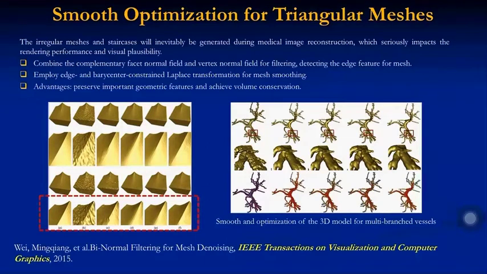And we also employ edge and barycenter constraint Laplace transformation for mesh moving. Then the advantages is that we can preserve important geometrical features and achieve volume conservations. The pictures show some of the smoothing and optimizations of the 3D model for multi-branches blood vessels.